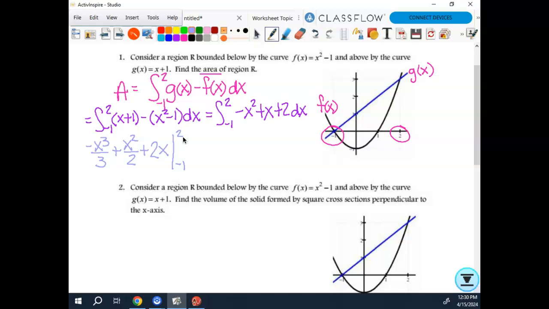If you were doing what's called a definite integral, meaning you're going to get a number, you integrate, we put the line, and this is where we're going to evaluate it, right? Do we substitute in the 2 first or the negative 1? The 2. So then this is going to give me negative 2 cubed over 3 plus 2 squared over 2 plus 2 times 2. Can I stop here? Yes, then stop here, okay?